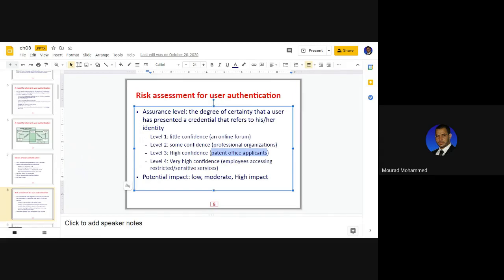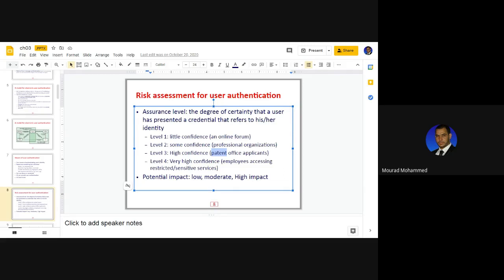There is a respected level, meaning there is a high confidence. Here we talk about the digital presence of entities over the public platforms, like the patent office, let's say, agencies, or representations, or members, something like that is an example only.